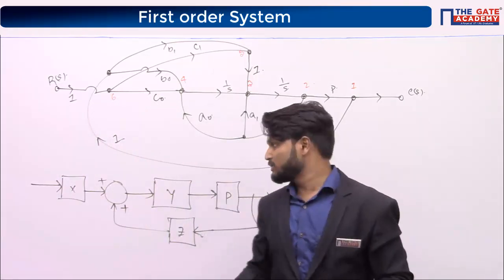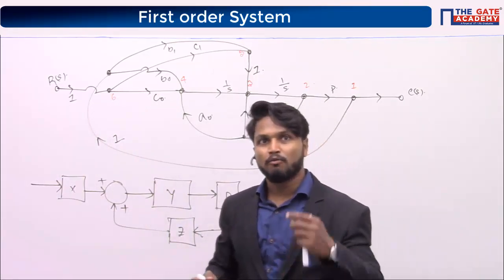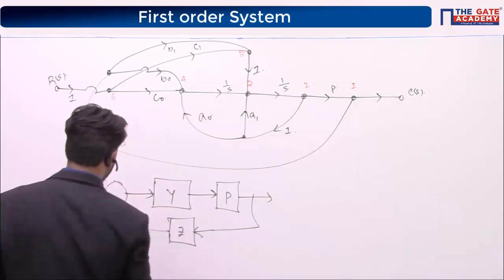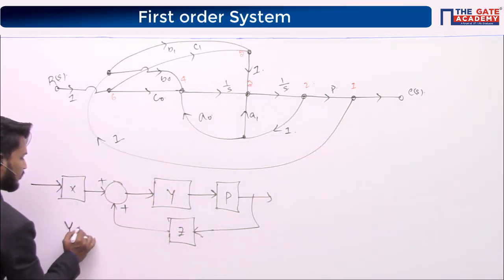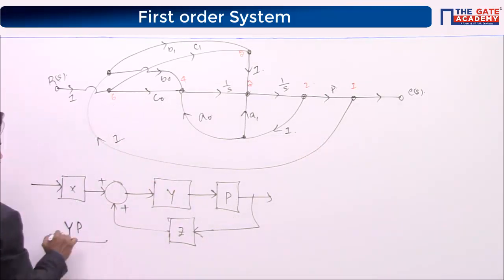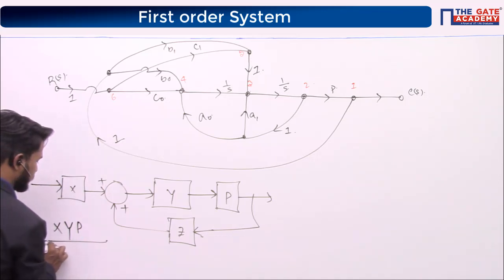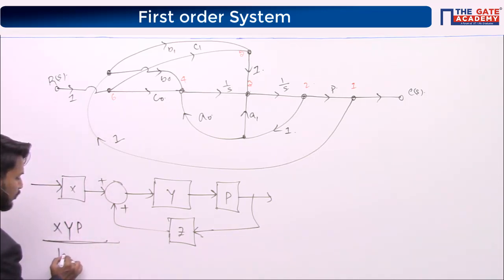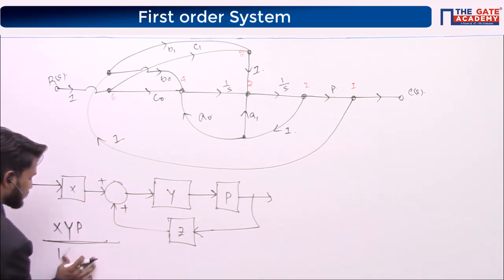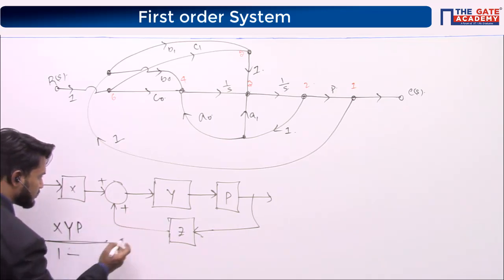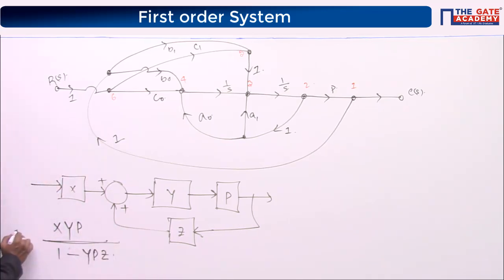So if you reduce this, what is the overall transfer function you are going to get? That is yp into x divided by 1 minus ypz. So this is the overall transfer function, right?